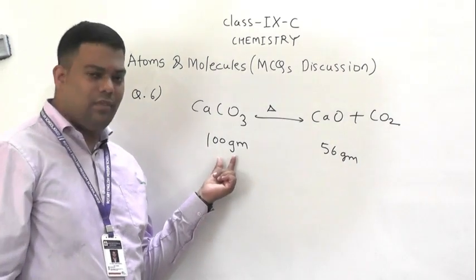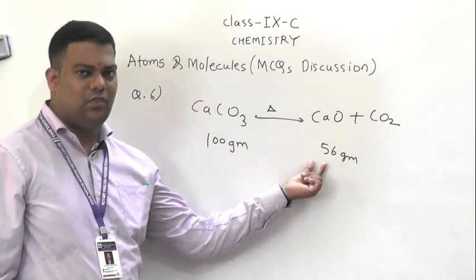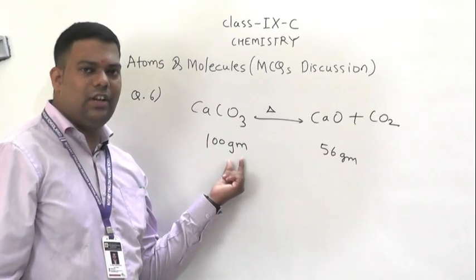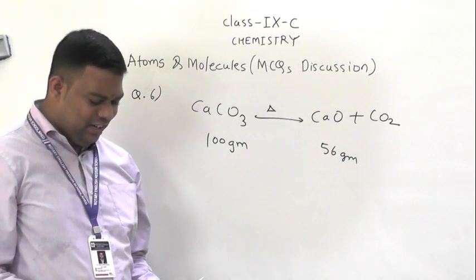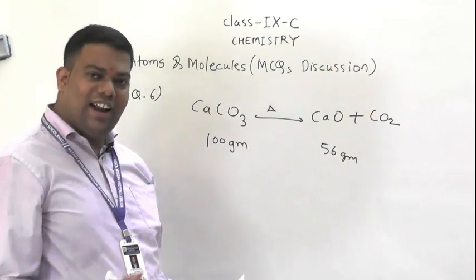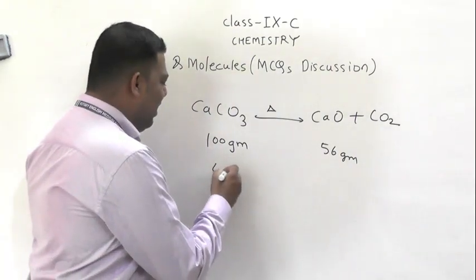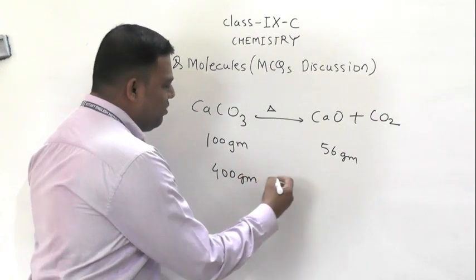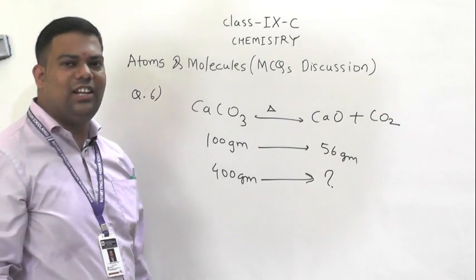From 100 gram, how much will you get? 56 gram. Okay, from 100 gram we will get 56 gram CaO. So simply by burning 400 gram of your limestone, how much calcium oxide will you get?